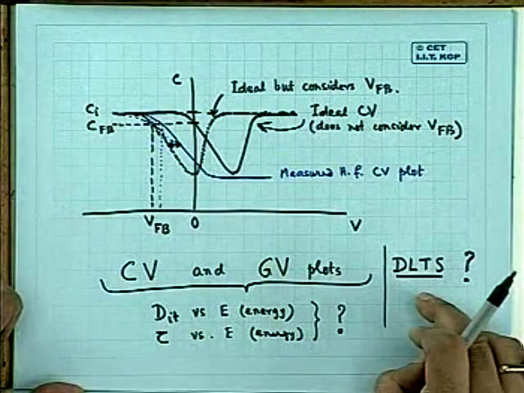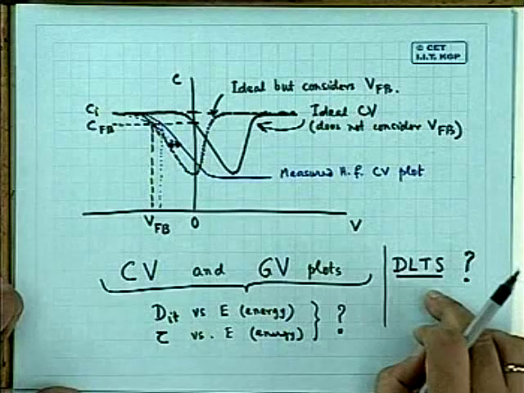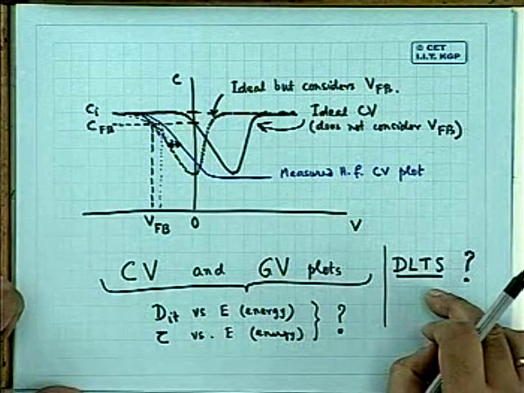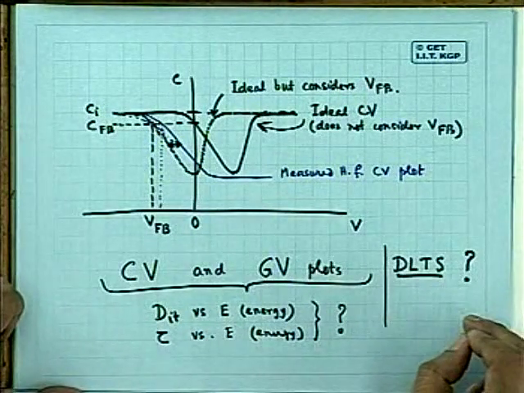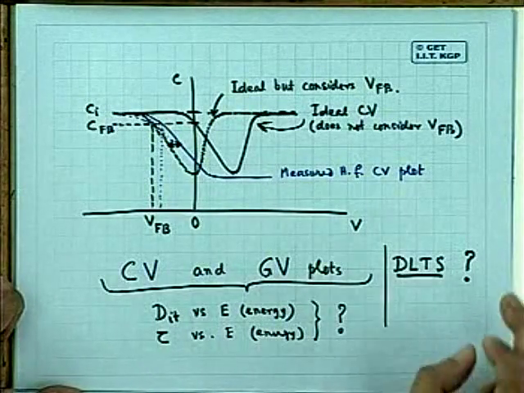It is a very important tool for semiconductor surface characterization, and is based on the CV and GV plots. Deep level trap spectroscopy is just like any other spectroscopic technique. It's one of the popular techniques, purely electrical in nature, and gives a lot of information about DIT and tau, particularly the deep levels, which are very, very fast.